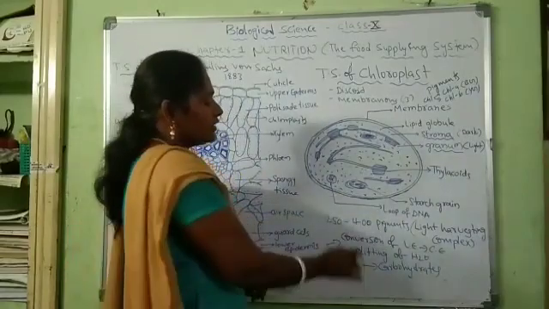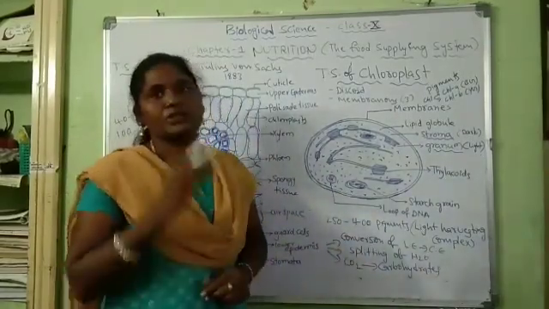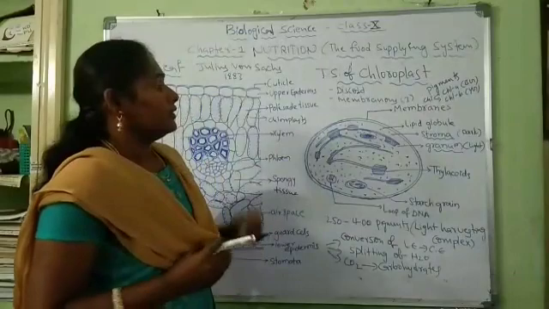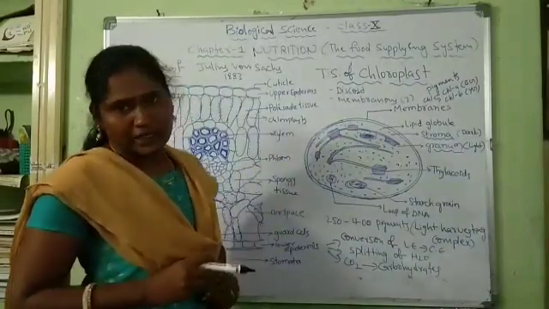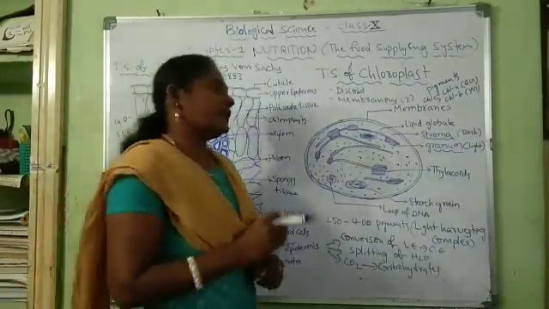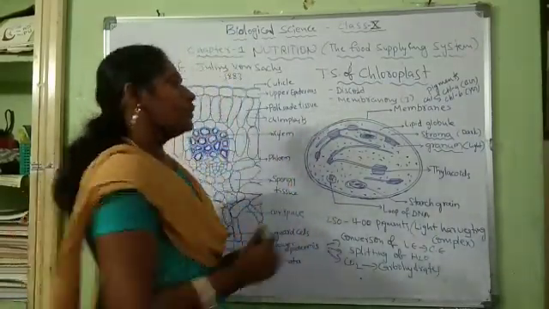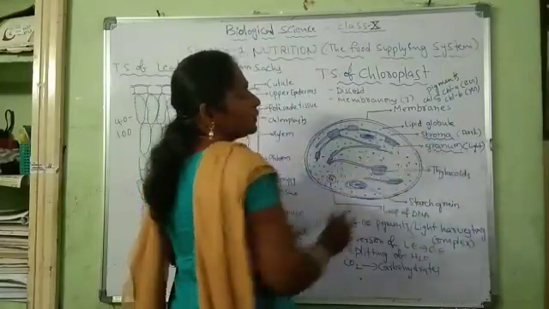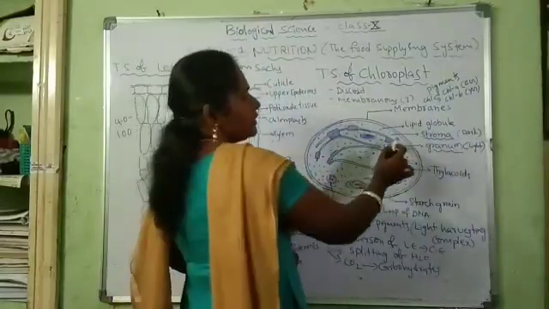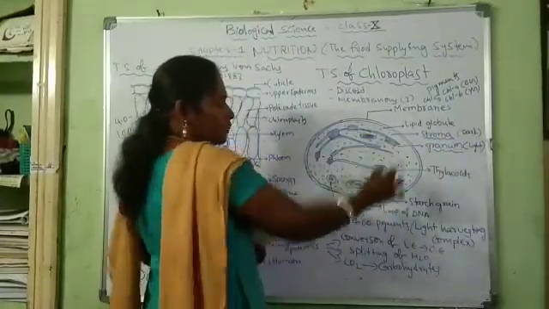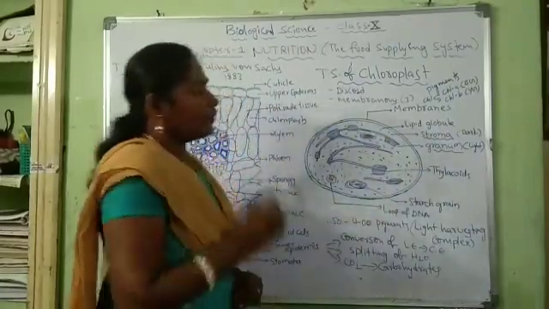These three actions occur in two reactions, the light reactions and the dark reactions. Light reactions are light dependent and dark reactions are light independent. The light reactions take place in the grana and the dark reactions take place in the stroma. So these chloroplasts are the sites of photosynthesis.